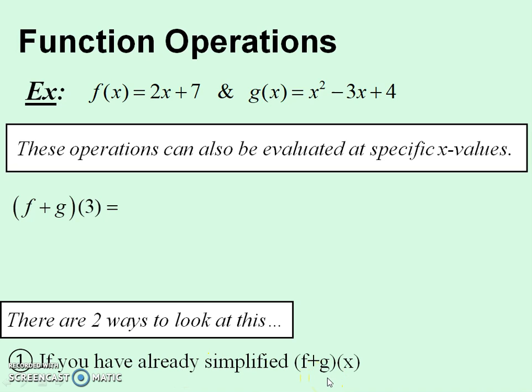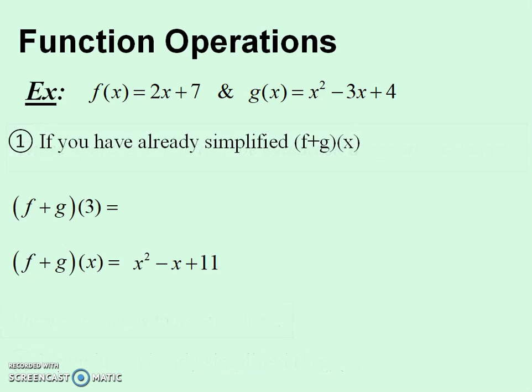This would be a case where on a quiz or a test you have a part A, a part B, a part C. If you've already done the work to simplify f plus g of x, which actually for this example we did the work and figured out that that was the simplified version, you would take the simplified version and simply replace in 3 as an x value.